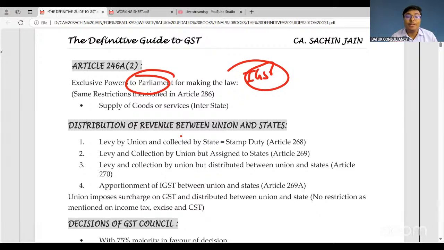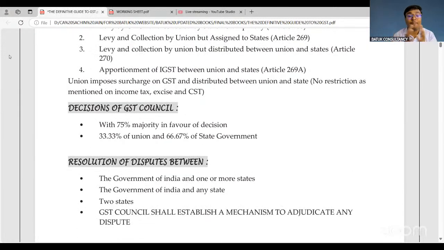Distribution of revenue between state and government will be through specific provisions, and we know there is a GST council. That GST council is the governing body, and in this particular GST council, the decision will be taken through the majority in favor of the decision. 55th GST council meeting, 54th, 53rd, 52nd, or first GST council meeting.